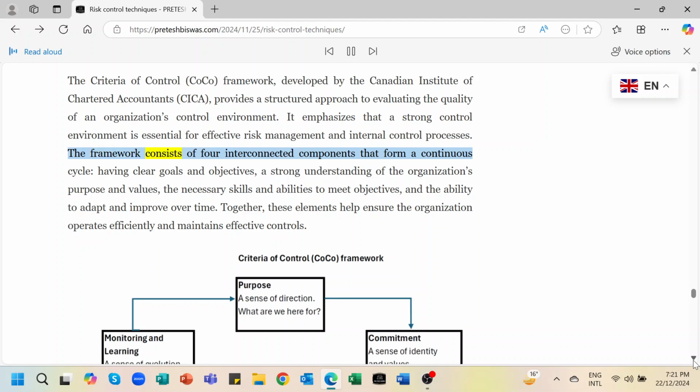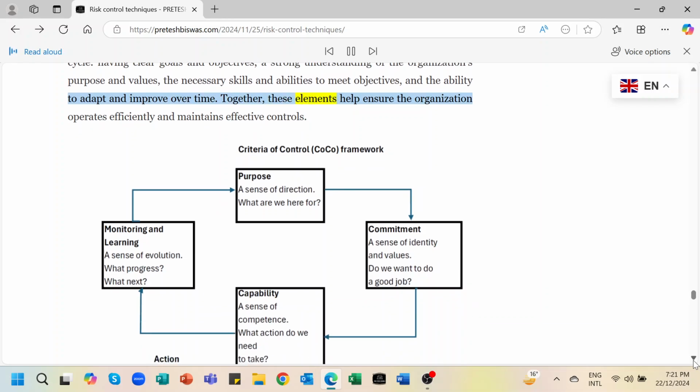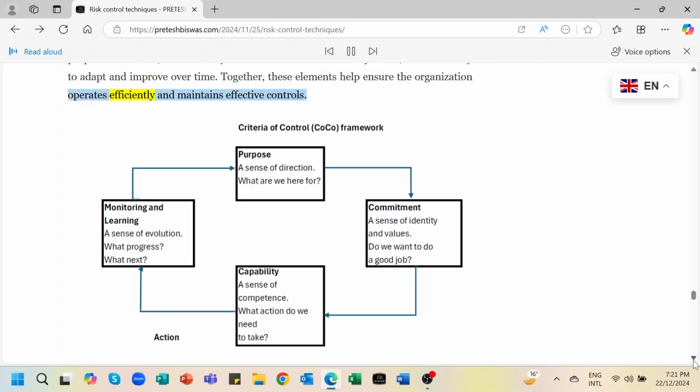The framework consists of 4 interconnected components that form a continuous cycle, having clear goals and objectives, a strong understanding of the organization's purpose and values, the necessary skills and abilities to meet objectives, and the ability to adapt and improve over time. Together, these elements help ensure the organization operates efficiently and maintains effective controls.